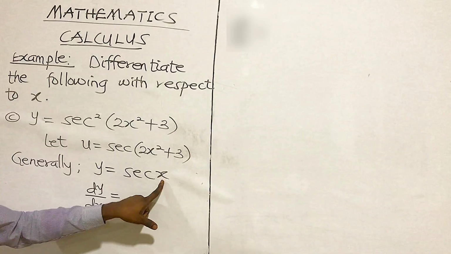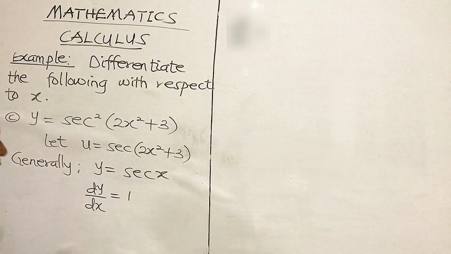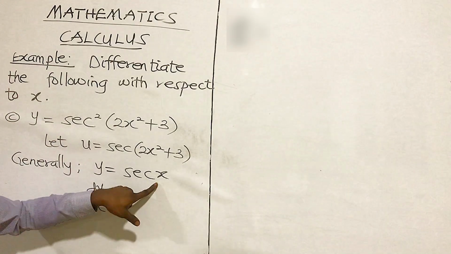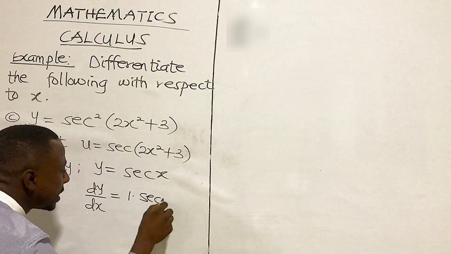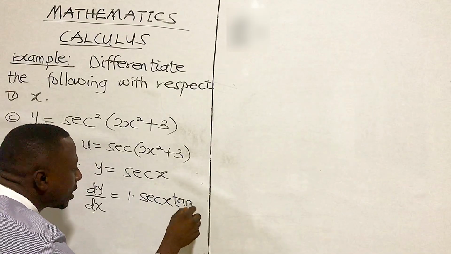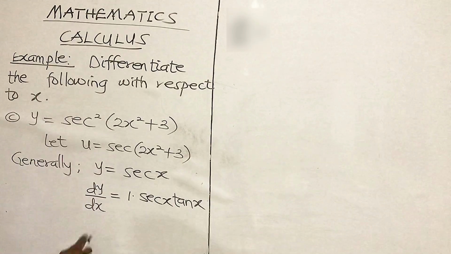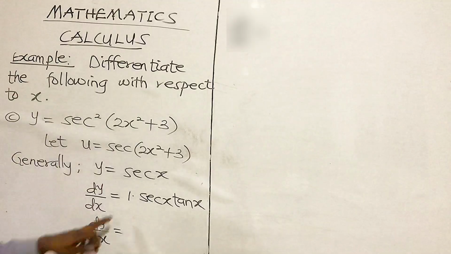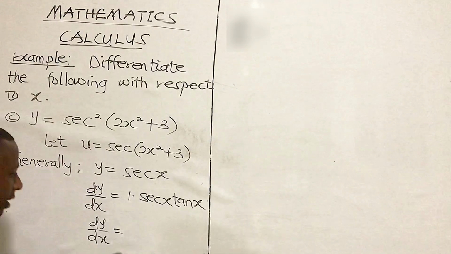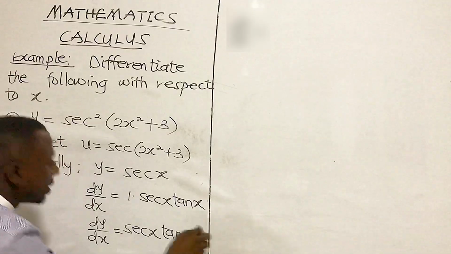And here, when I differentiate x, I am getting 1, multiplying the differential of the sec itself. So when I differentiate sec, I am getting sec x tan x. So from here, my dy over dx is going to be 1 multiplying the whole of this. We have sec x tan x.